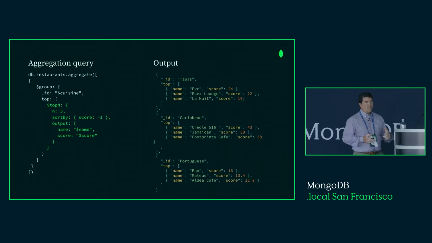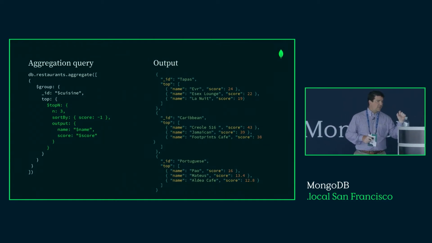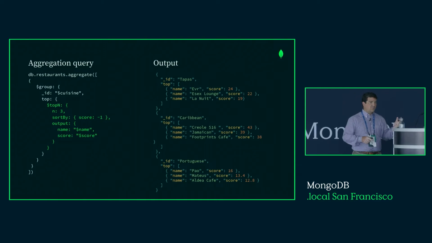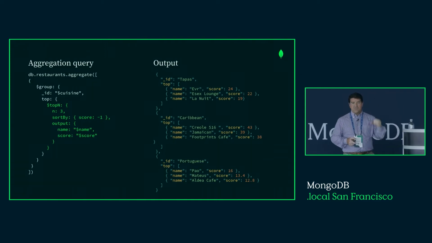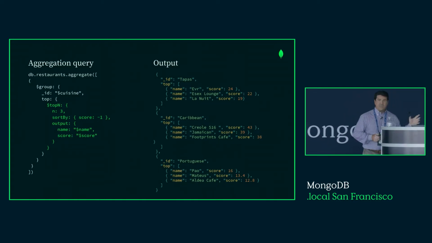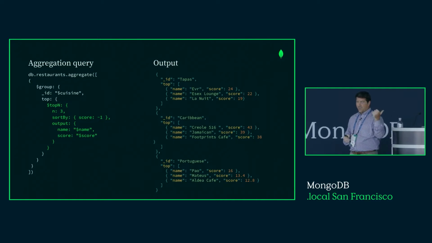First, we want to group by cuisine. That's the first stage in our aggregation. Again, we saw from Karen's talk how the different stages work in the pipeline. Grouping by cuisine takes all the categories and puts them separately by cuisine. The syntax for $topN is basically: how many do I want?